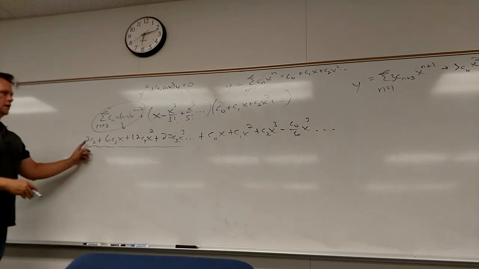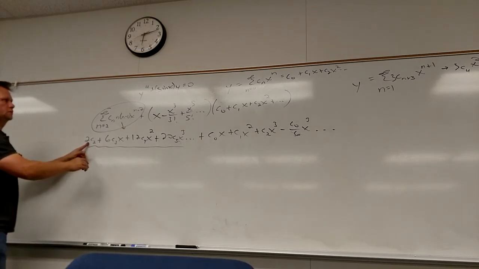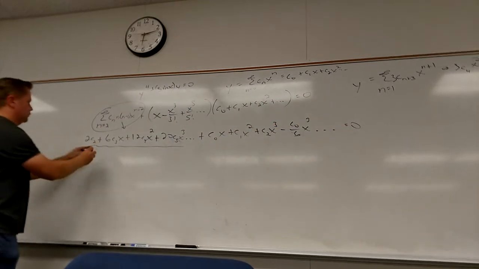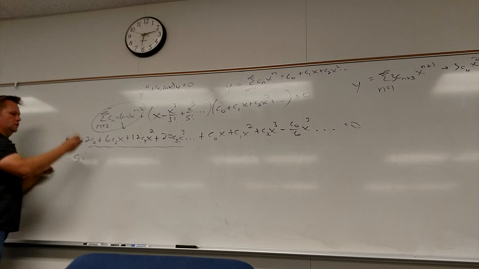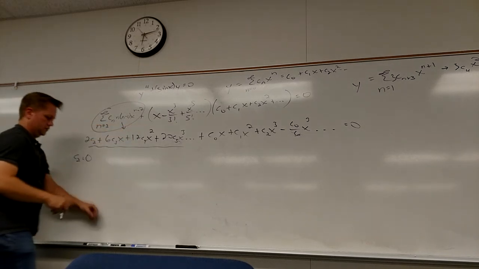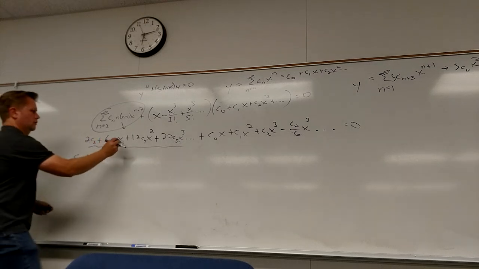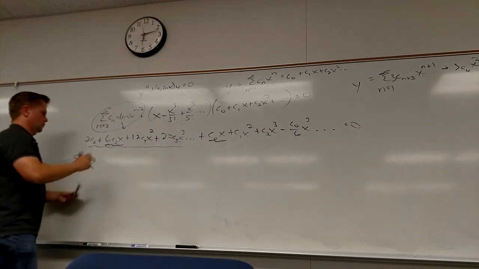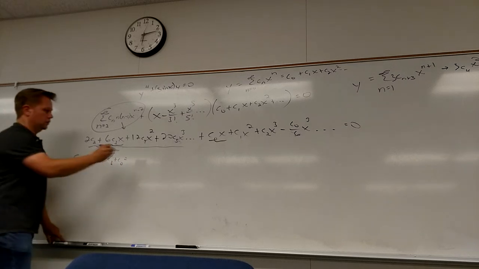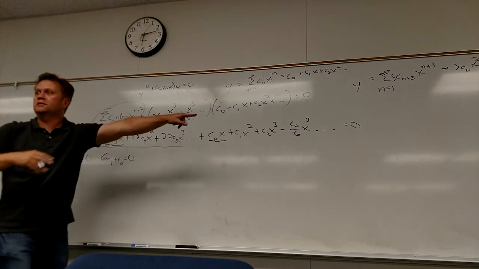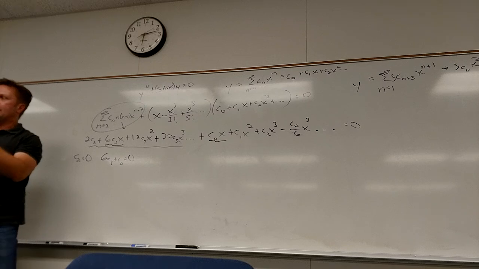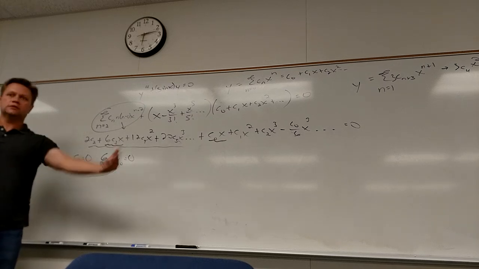So this is my only constant term, equals 0. So I have c2 equals 0. I have 6c3 plus c0 equals 0, because there are no other terms. It's equal to 0, so all my like terms, coefficients, have to combine to be 0.